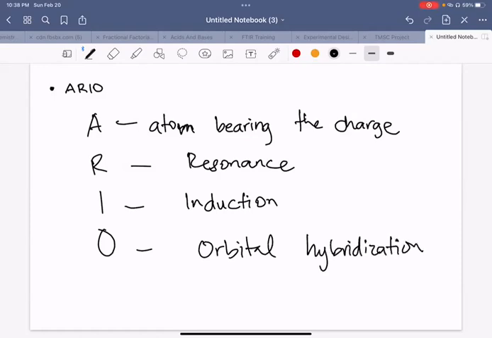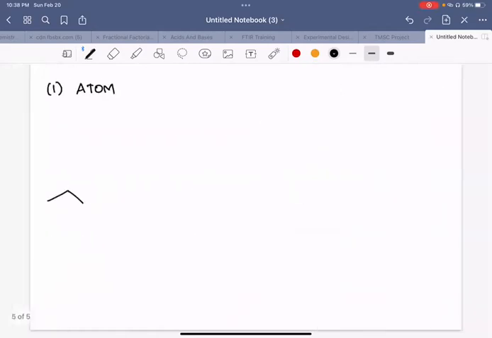So, these are the 4 factors you need to consider: atom bearing the charge, resonance, induction, and orbital hybridization. So first things first, let's talk about the atom bearing the charge.